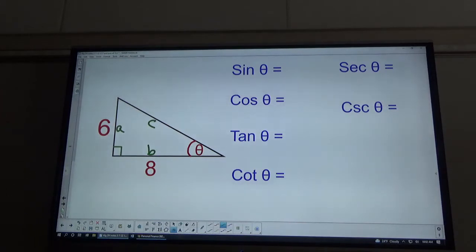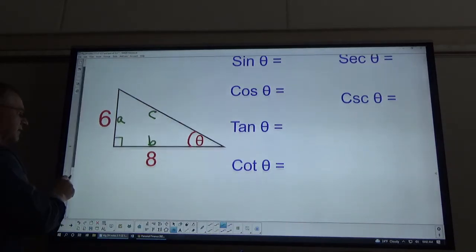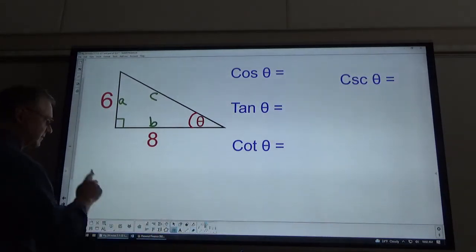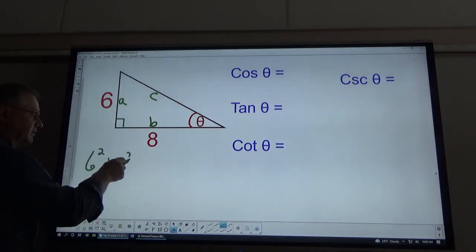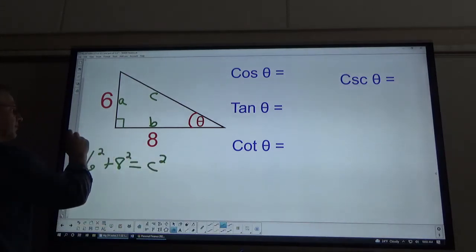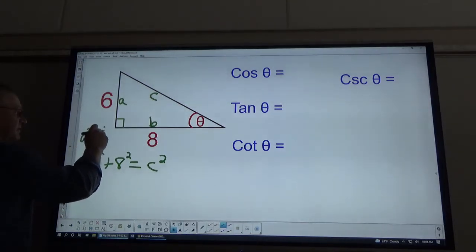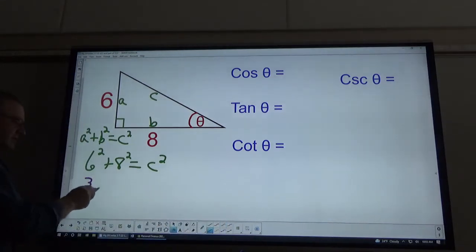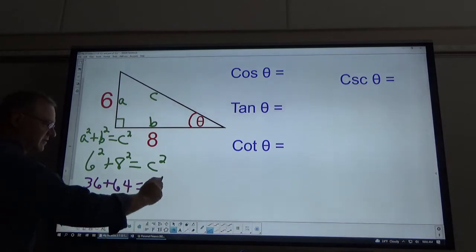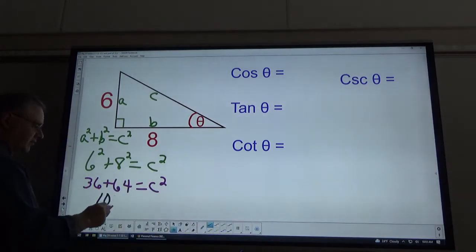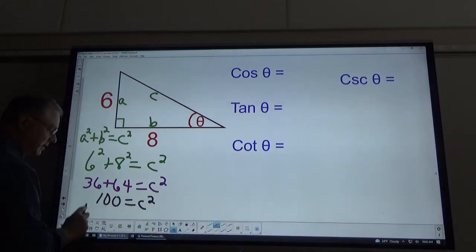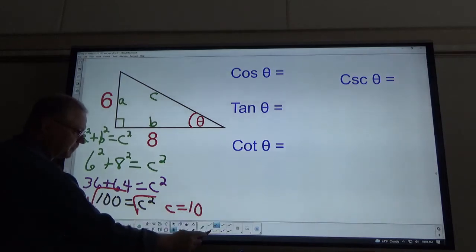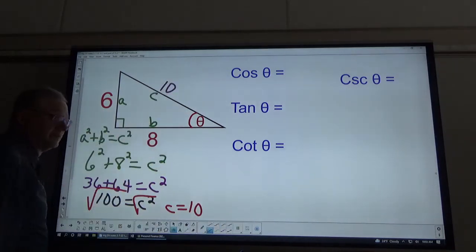The hypotenuse is always C. So 6 squared plus 8 squared equals C squared, because remember, A squared plus B squared equals C squared. 36 plus 64 equals C squared, or 100 equals C squared. I square root both sides to solve for C. C is 10. So I'll call that 10.